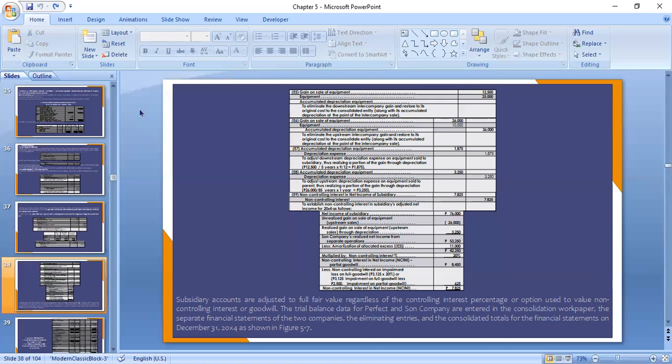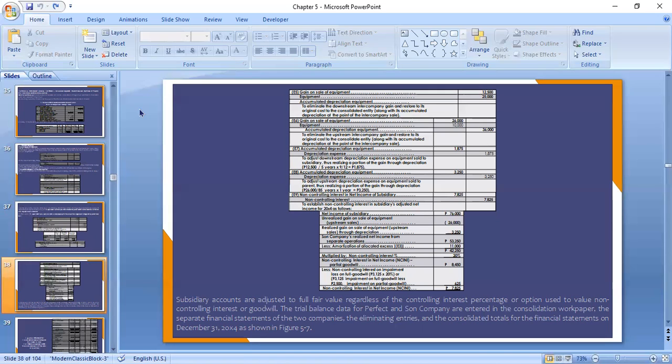Now considering that we have an upstream sale, then the difference of 53,250 gives us the realized net income from separate operations.